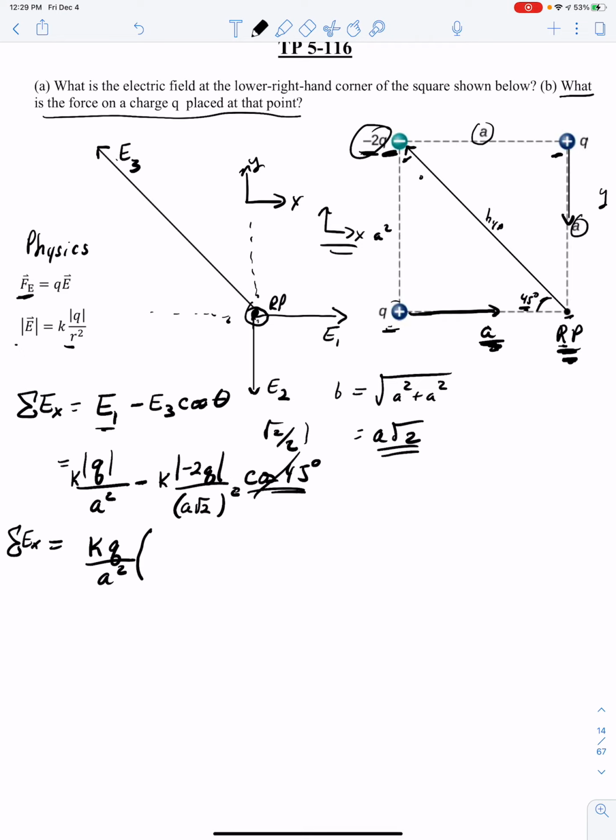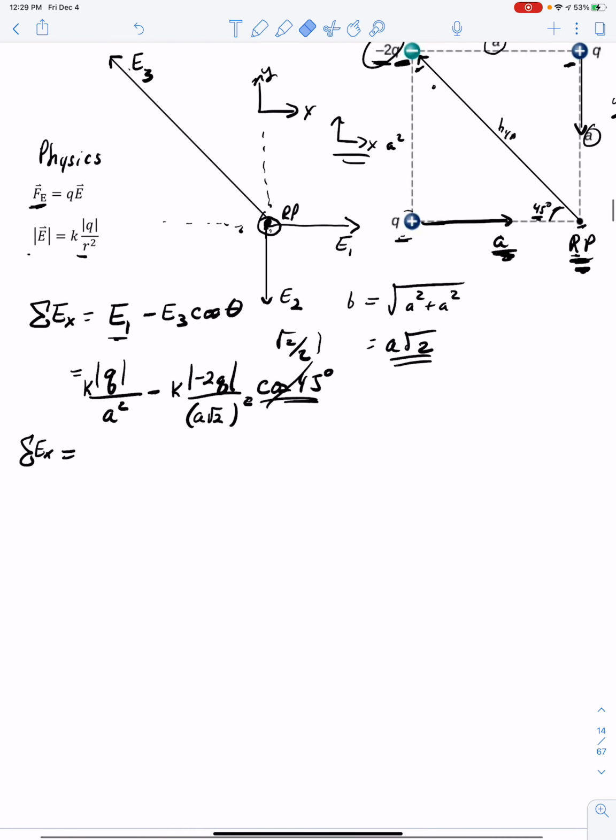And I am left with 1 minus, oh man, did I do this right? Okay, so just simplify it. I am not going to simplify it for you. You get the gist, and you get to this point.